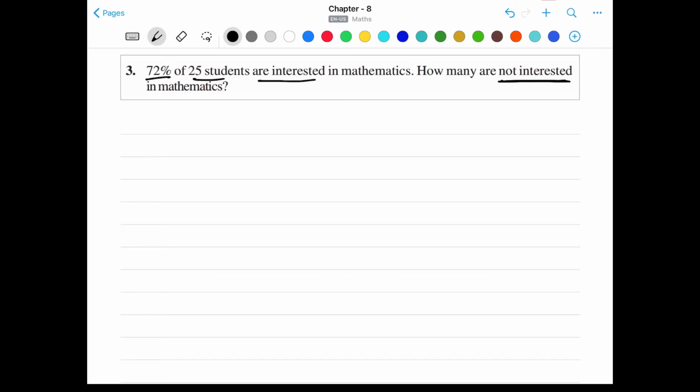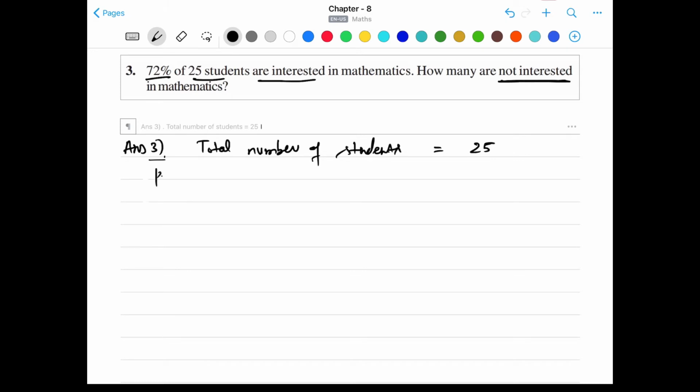So let's write the answer number 3. Okay, first you have to write the number of students in the class and the percentage of students interested in mathematics, which is given in the question. So first, the total number of students is equal to 25, and we are given the percentage of students interested in maths.